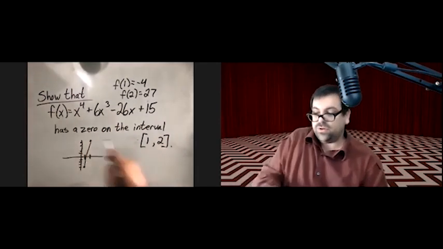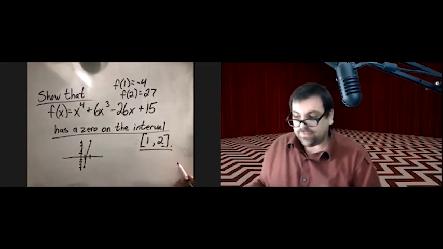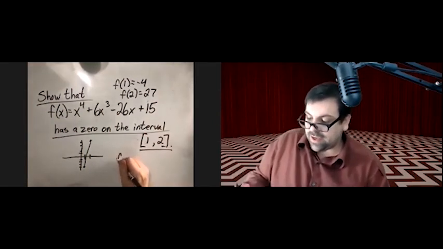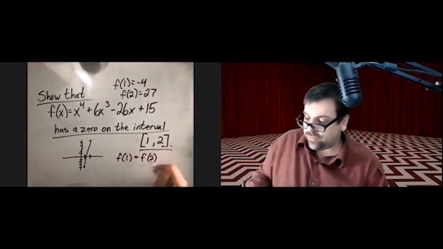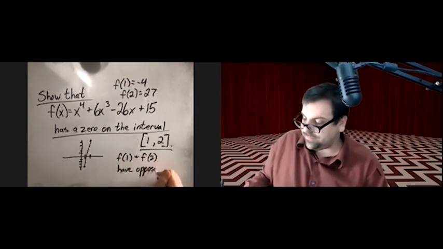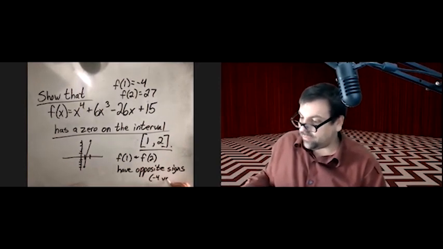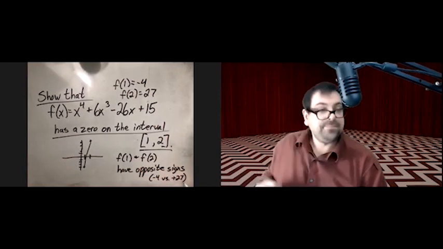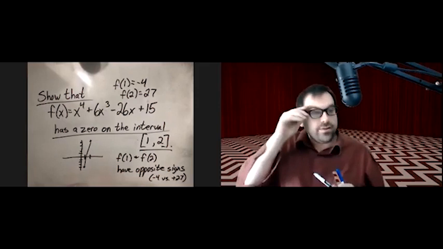So we have shown that it has a 0 on this interval. Why? Because f of 1 and f of 2 have opposite signs. -4 versus positive 27. That's how we use the intermediate value theorem.